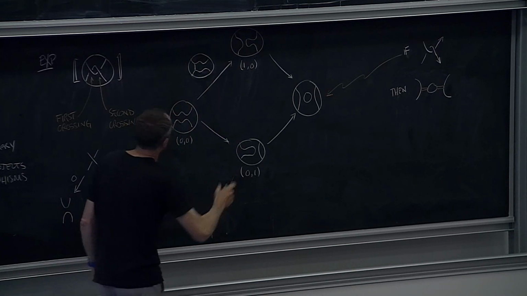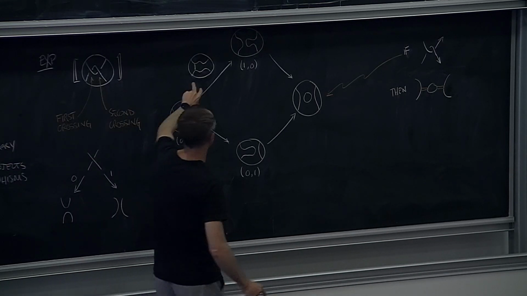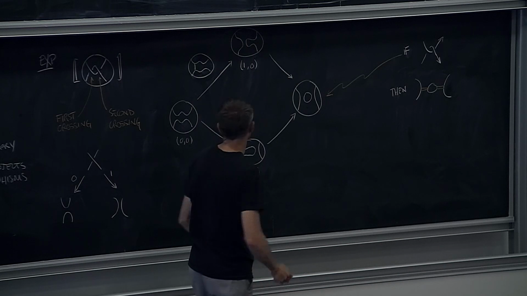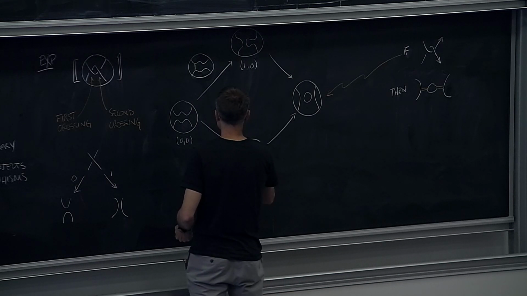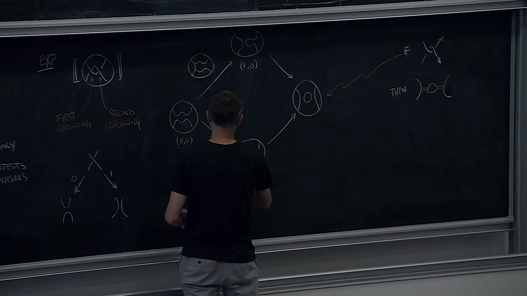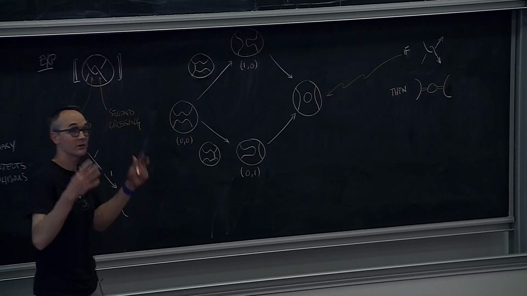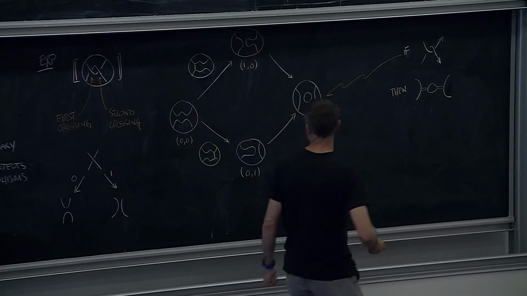So there's some saddle happening at the first entry to change that from a horizontal to a vertical, and you can draw that as a saddle if you'd like. Here the saddle's happening in the second location, right? It's the second entry that's changing from a 0 to a 1. So you add a little band here to obtain that saddle move. Everywhere else away from the crossing, the cobordism is the identity.